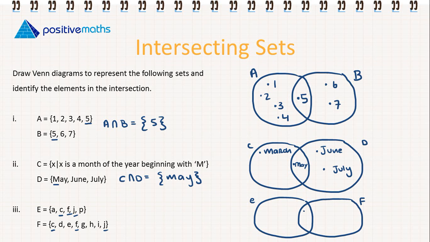So I'm going to put these three into the intersection first. So C, F, and J. Now I'm going to fill in the rest of the elements. So we have A and P in the set E, and we have D, E, G, H, and I.